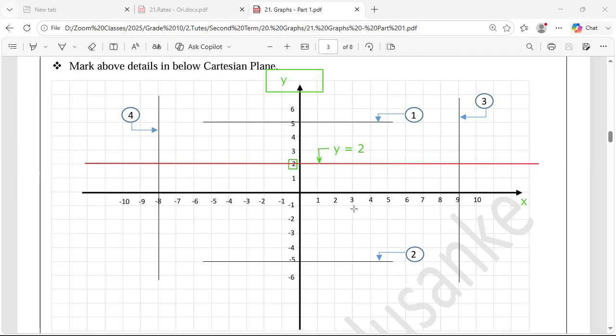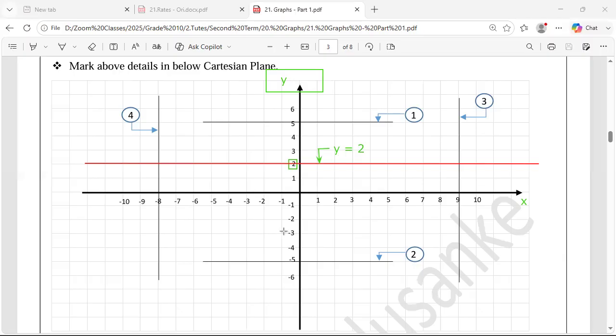This is y equals 2. Then y equals 3. Where is my y axis? This vertical axis is my y. Y equals negative 3.